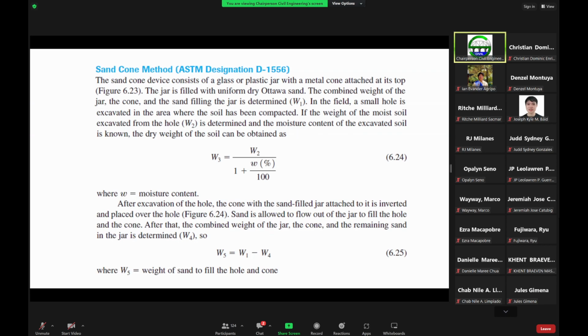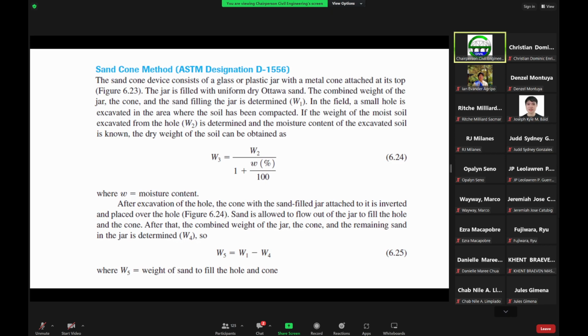From there, we can determine the dry weight of the soil, that's W sub 3, where the dry weight of the soil is equal to the moist weight of the excavated soil over 1 plus the moisture content derived in the laboratory.